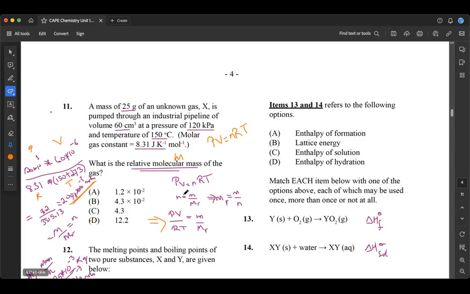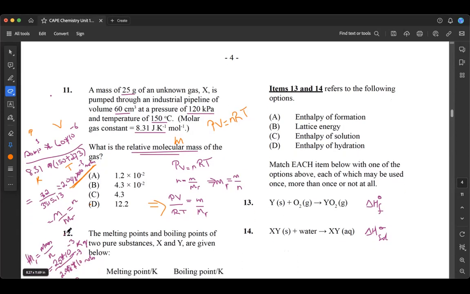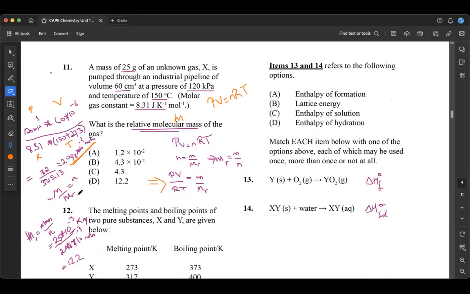And so remember we said over here that the number of moles is equal to your given mass divided by your molar mass. So now we're ready to find our molar mass or molecular mass, right? So we just rearrange to make Mr the subject. The molecular mass is going to end up being the given mass divided by the number of moles, right?